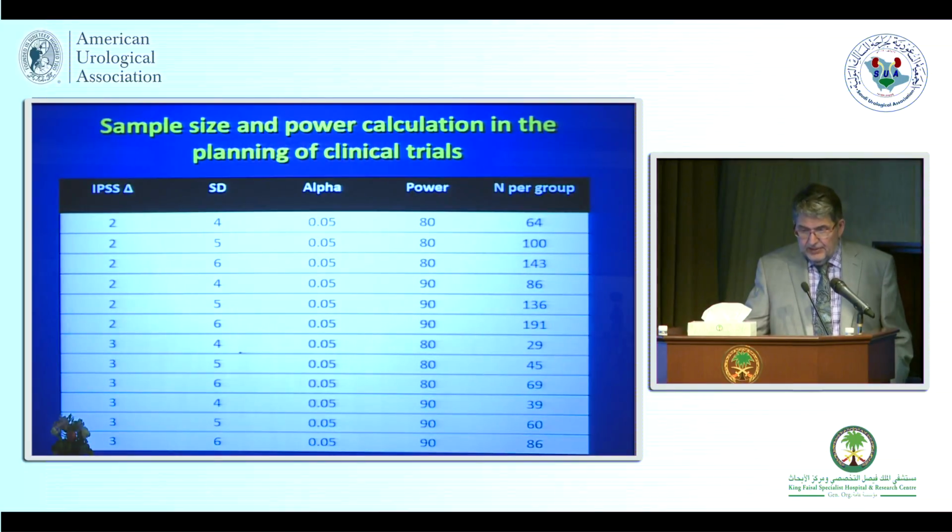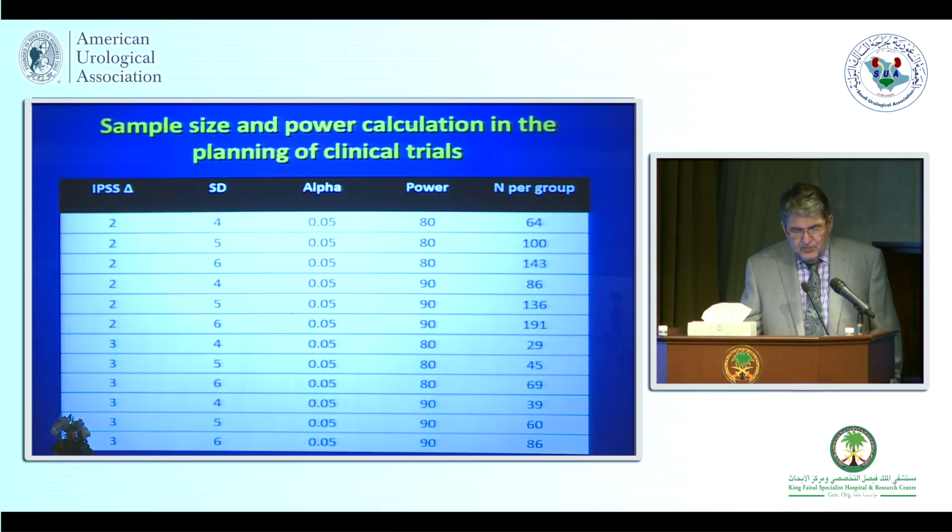And if it's, for example, that symptom score, here's a table that shows you a sample size and power calculation when you were thinking of a clinical trial. So let's think of a clinical trial, and you want to compare some kind of herbal supplement for LUTs or BPH with a standard treatment, like an alpha blocker or something of that nature.